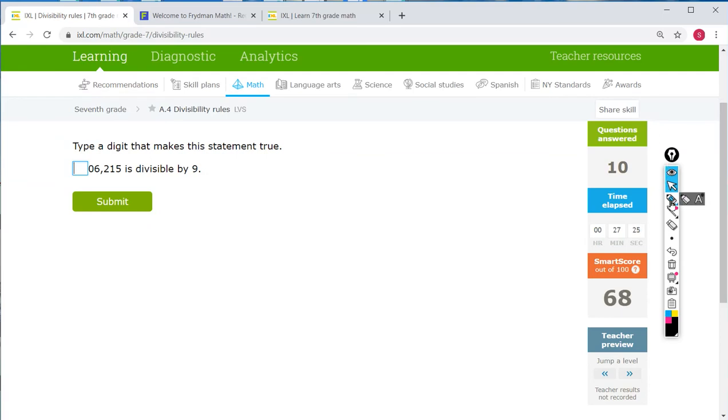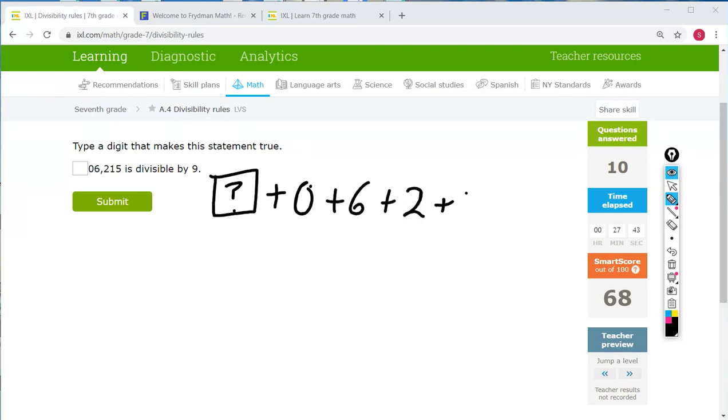So I'll put a box here for the missing digit. So some number, I don't know what it is, I can put a question mark, plus 0, plus 6, plus 2, plus 1, plus 5. I want to put in a number here such that when I add up all these numbers together, my answer is divisible by 9. So what number should I put here?